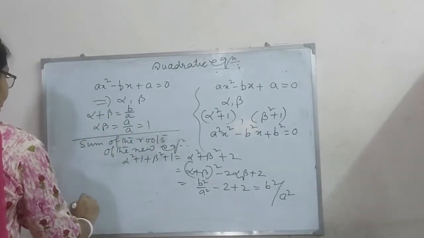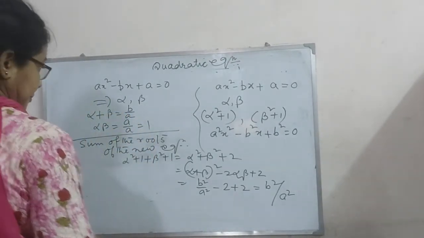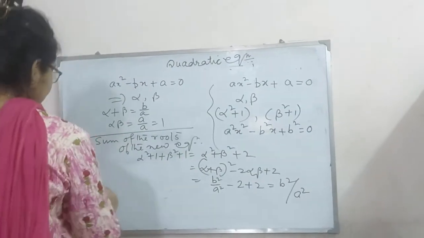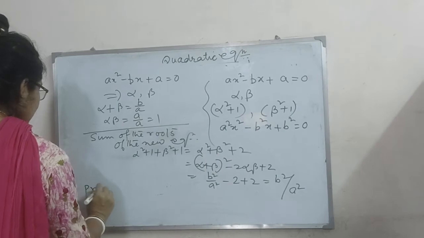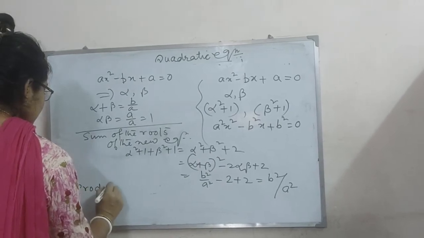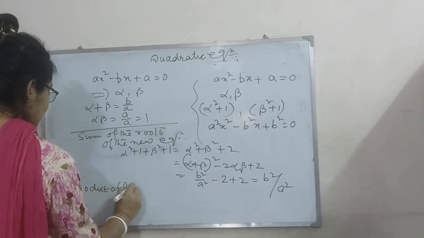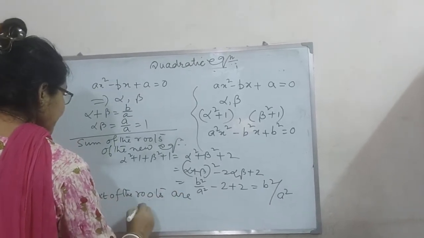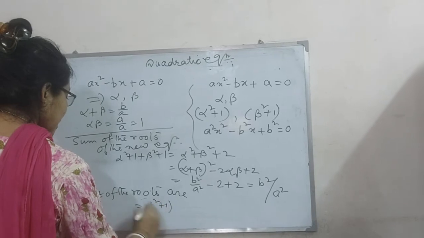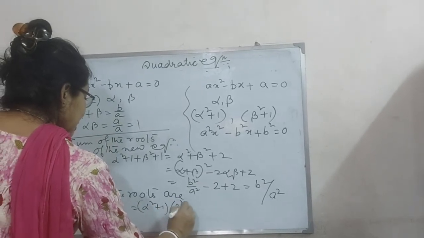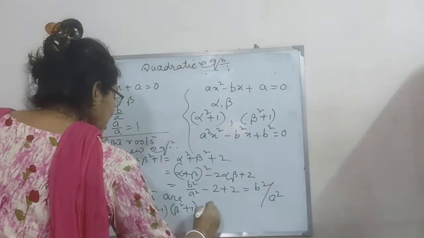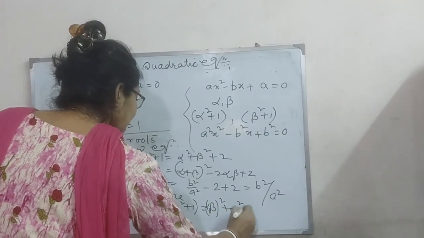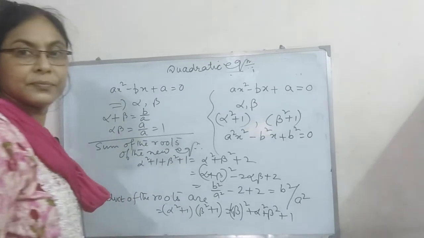And product of the roots. Product of the roots are (alpha square plus 1)(beta square plus 1). This is equal to (alpha beta) whole square plus alpha square plus beta square plus 1.